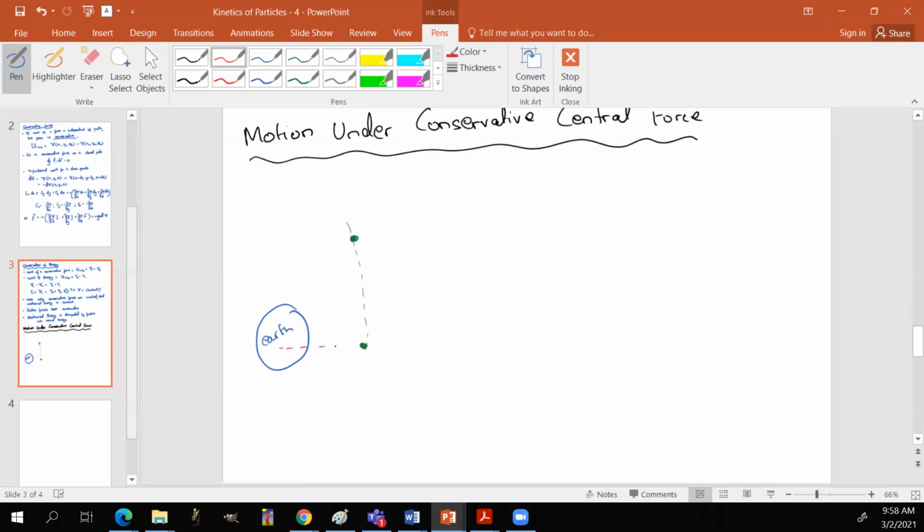So you have your initial position, and then you have your general position, right? And then you've got the velocities, which are obviously tangential to the path, and then you can have the angle that the velocity makes with this vector joining the centers of both bodies, r naught, like that, right?